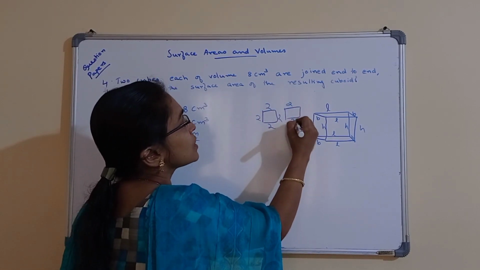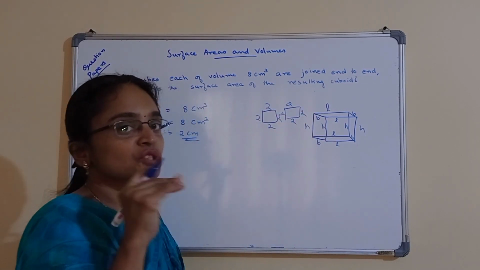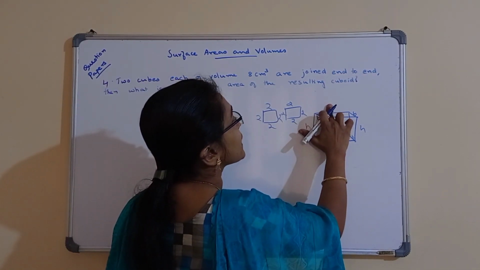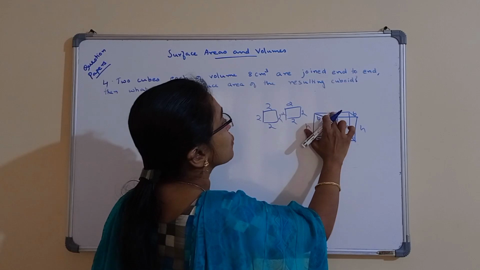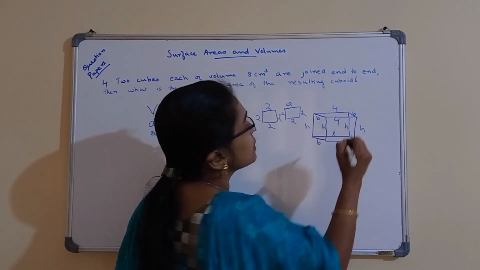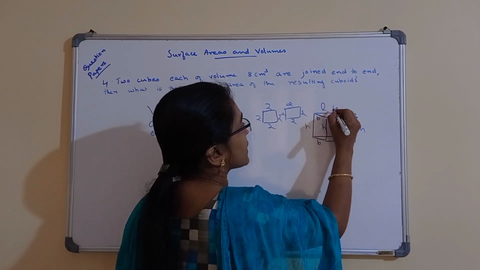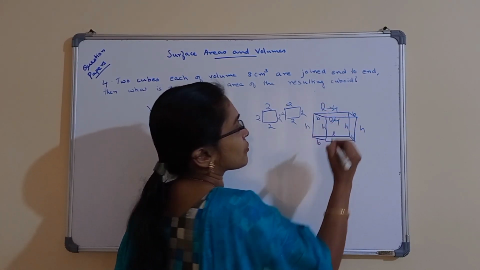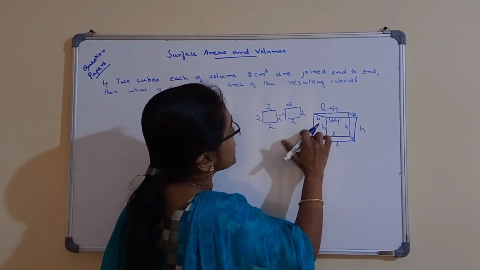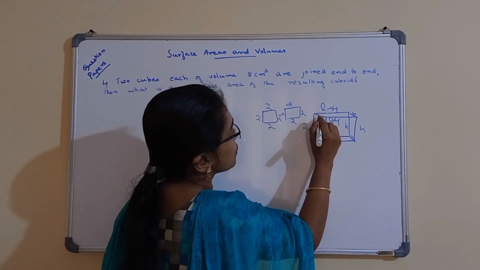Okay. So these two cubes are joined together to make a cuboid. So what will be the length of this cuboid? 2 plus 2, which is 4. We can write L as 4. Now h will be 2 itself and b will be 2.